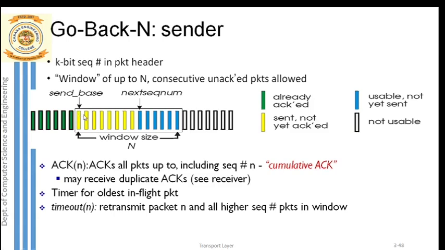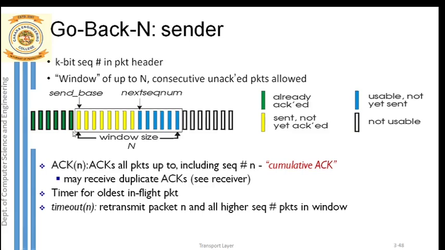Similarly, there are here 1, 2, 3, 4, 5, 6, 7, 8 yellow packets. The meaning is these 8 packets are already transmitted from sender to receiver, but for these 8 packets, acknowledgements are not received by the sender. That is why they are colored in yellow.